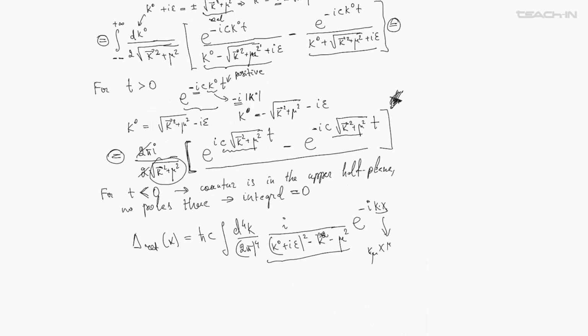So this i epsilon is very important because it shows that this delta ret vanishes when t is less than 0. So the position of this little i epsilon, which we added, is now taking care of the vanishing of this retarded Green's function. That's why the name retarded, for negative values of time.